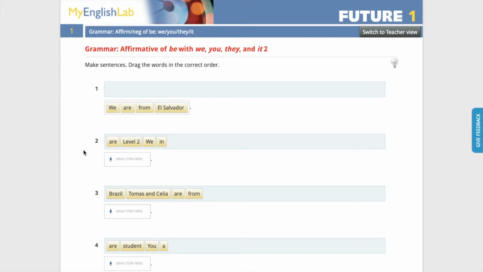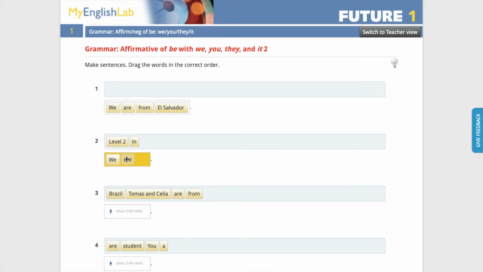Second one, number 2. What is the first word? Oh, it's easy. It's capital W-E. Yeah, that's one way. We. The verb, is this the verb, in? Not really. In is a preposition. So it must be this one.